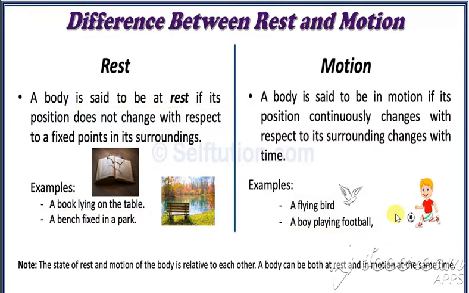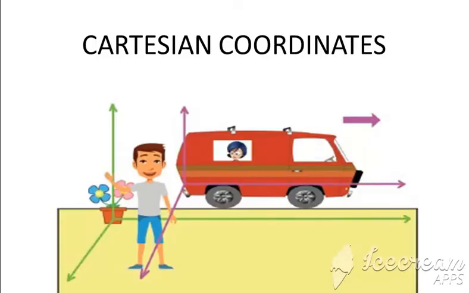Okay, next topic is Cartesian coordinates. So what is meant by Cartesian coordinates is the change in the position of the object with respect to x, y and z coordinates. So this is x, y and z.